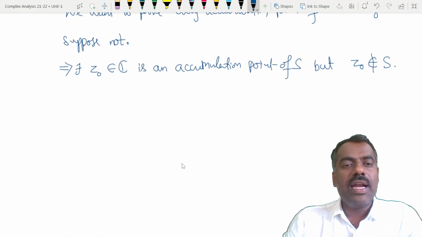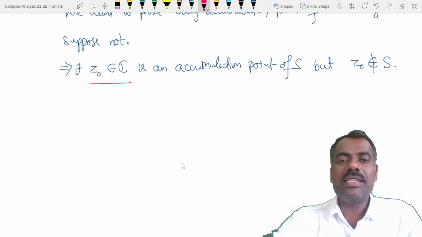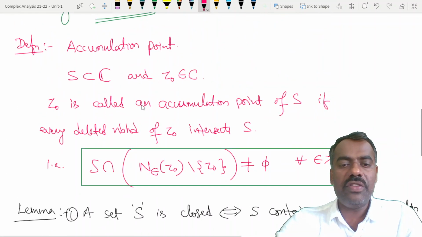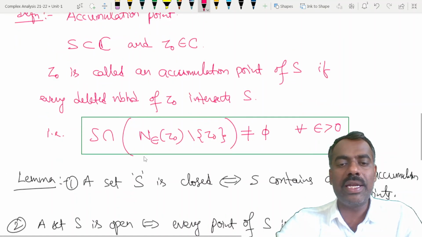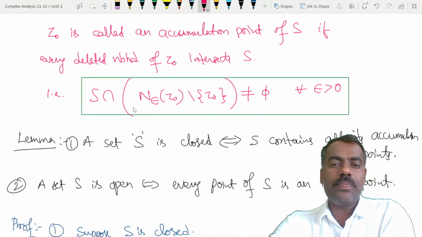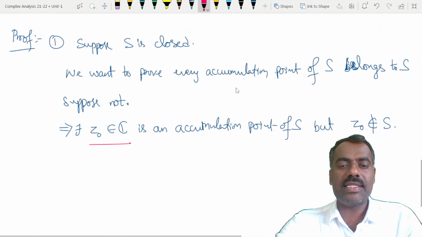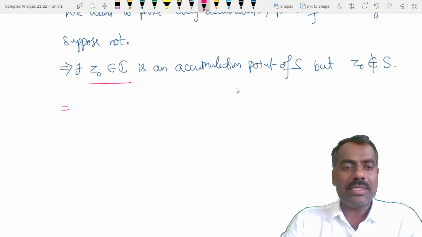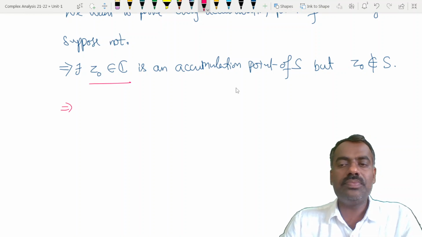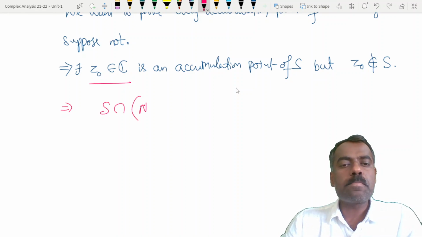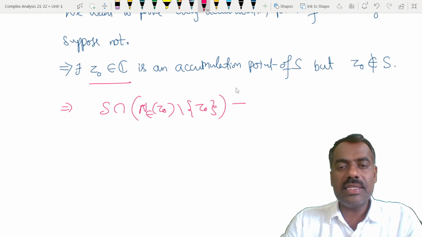Now what is the definition of saying that some Z naught is an accumulation point of S? Every deleted neighborhood of Z naught intersects S. So because this Z naught is an accumulation point, we get that S intersection N epsilon of Z naught minus Z naught is non-empty.